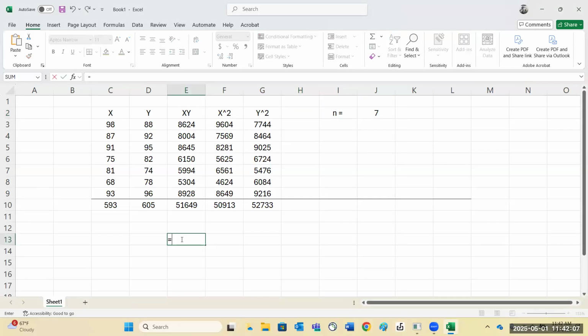So my formula is on top 7 times the summation of xy minus the summation of x times the summation of y. That's the numerator. That's your number on top.